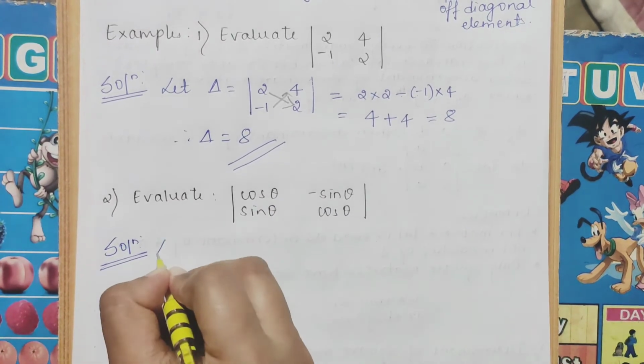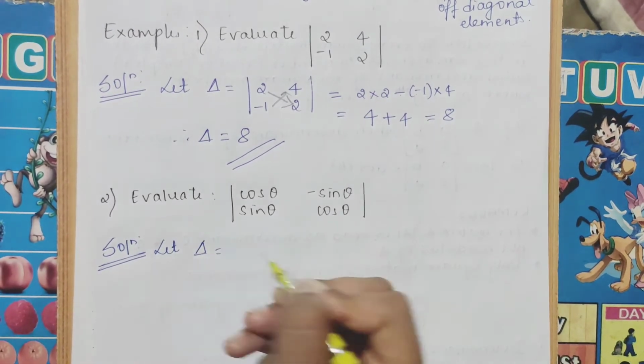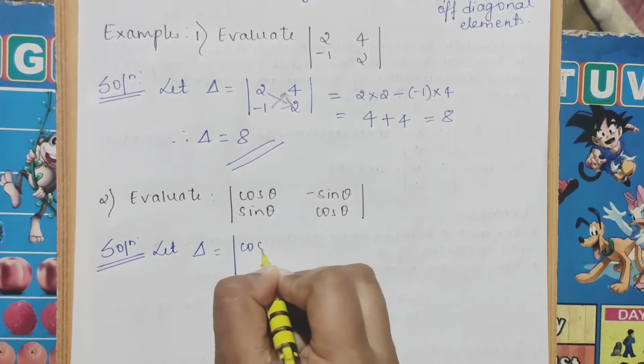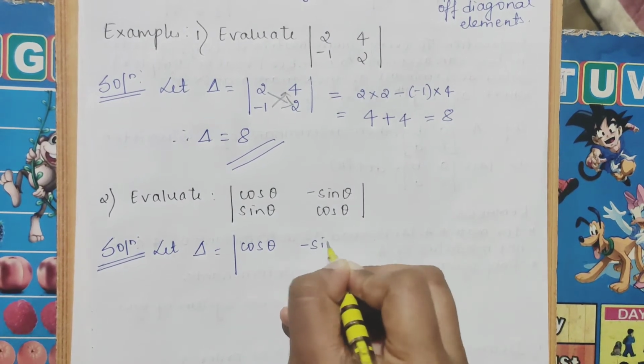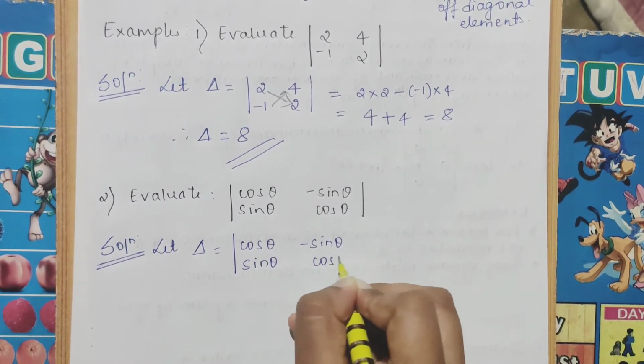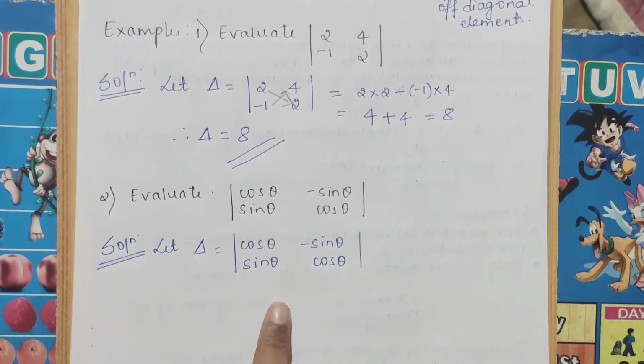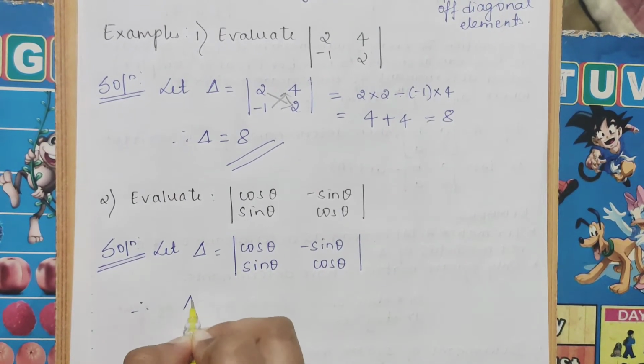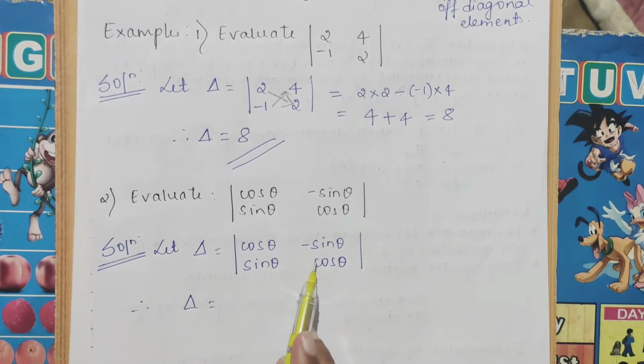Solution: how will we do it? Let delta be equal to the determinant cos theta, minus sin theta, sin theta, cos theta. This is your delta. Now, to find delta, cross multiplying the diagonal elements.